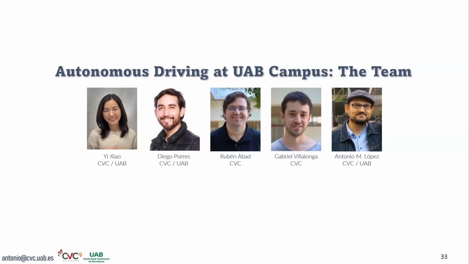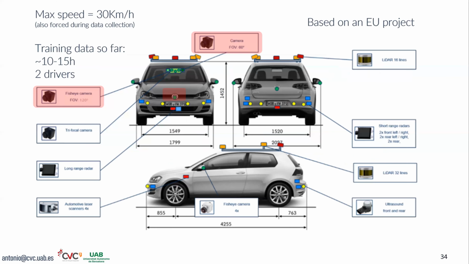But the point here is that we took this model and the car of the previous project, and we said, okay, let's use the 3 cameras that are in this car. This car has in the windshield 2 cameras, one with 120 degrees, the other with 60.